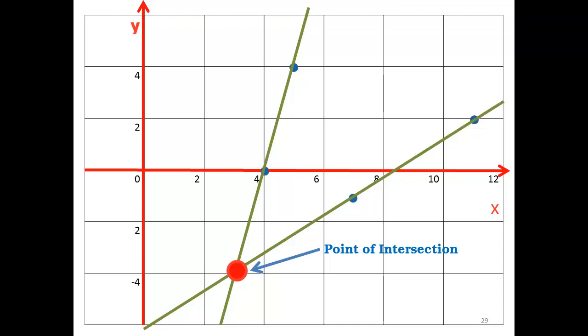And let's see the coordinates of this point of intersection. These are 3 and minus 4. So the solution of the equations are x is equal to 3 and y is equal to minus 4. The same solution. Great.